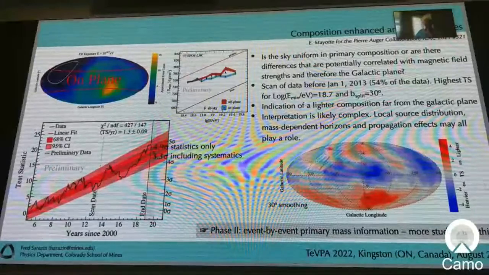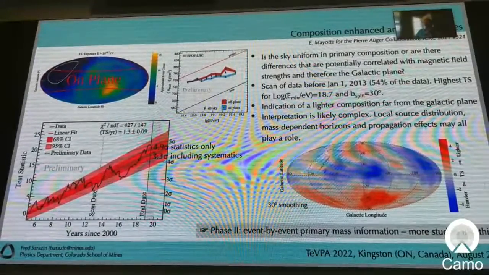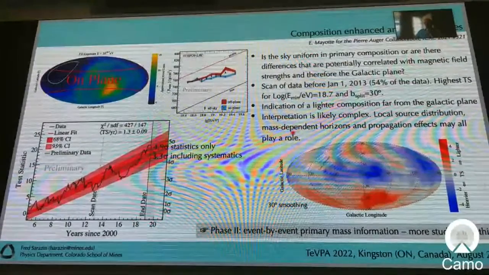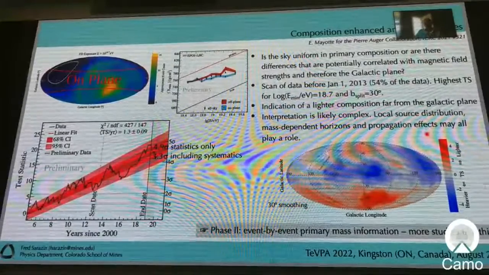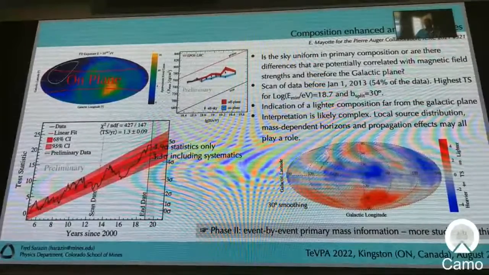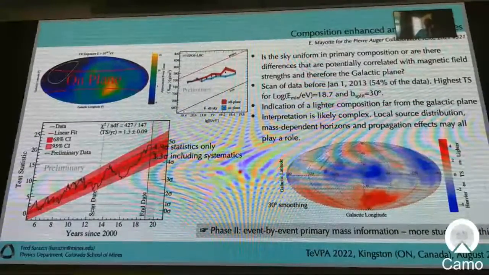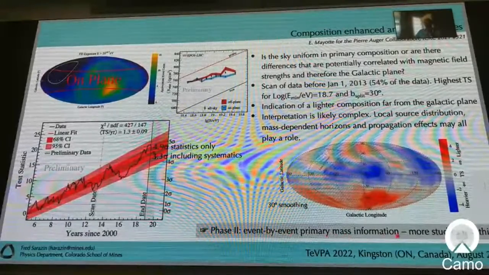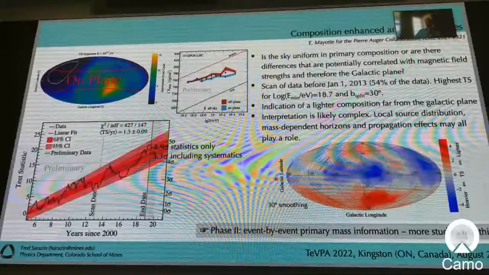Now, the interpretation here is quite complex because it depends on the closest distribution, on the horizon, and the correlation difference. But this is really to highlight the power of the algorithm and mass information.